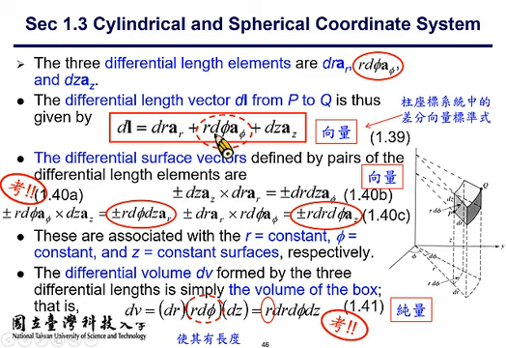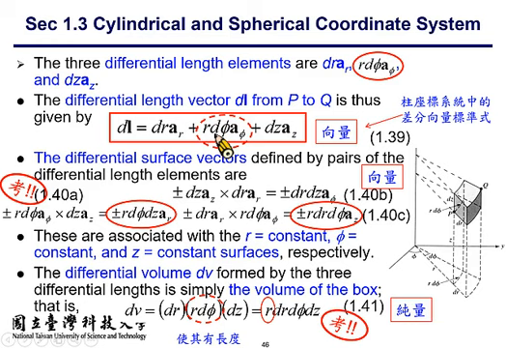Now, because you have some changes in dz and some changes in r d phi, the normal vector is pointing this way and that way. Okay, the third group is plus minus r dr d phi az. So you know that it's the top surface and bottom surface because the az vectors suggest it's pointing upward or downward.